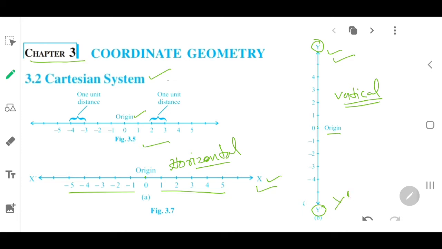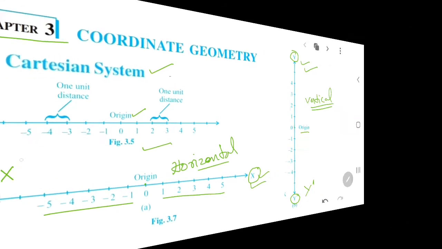Whereas in the x-axis, where all the positive values are there, we can name it x, and with all the negative values of the axis we can write it as x dash.